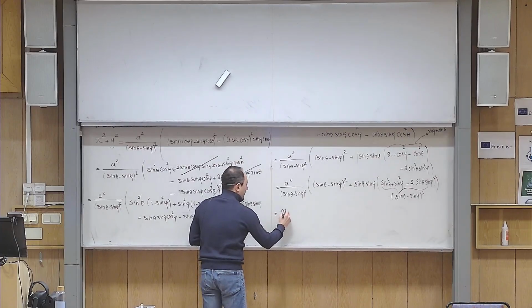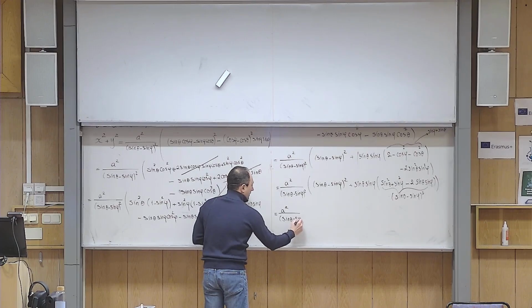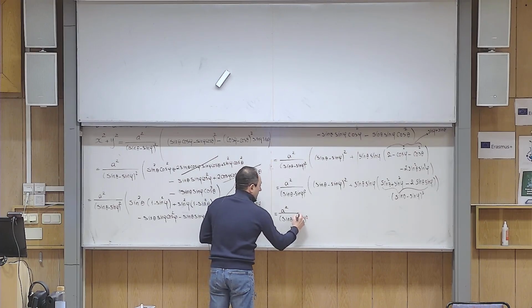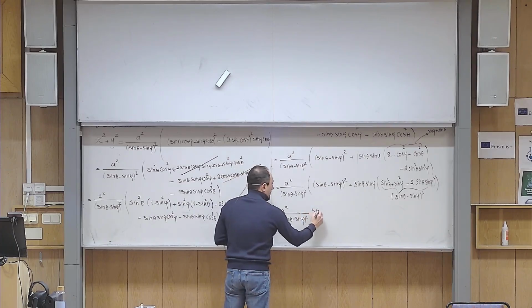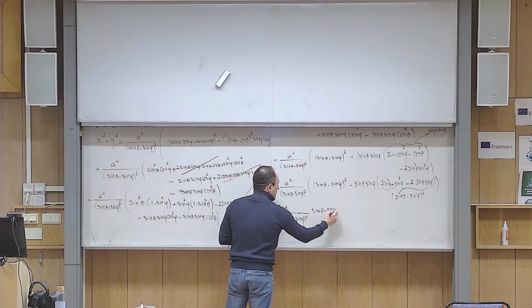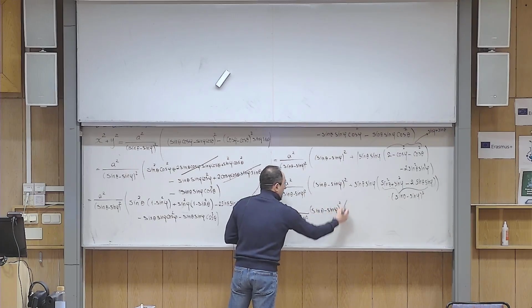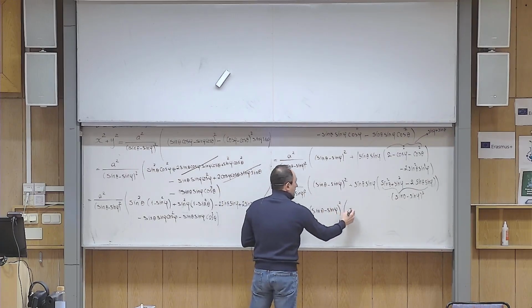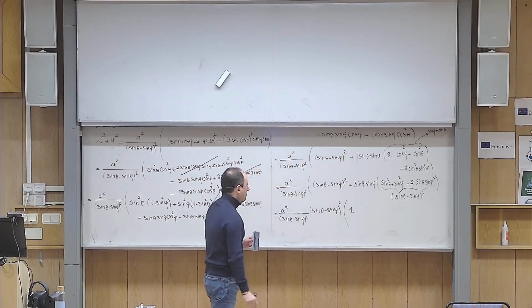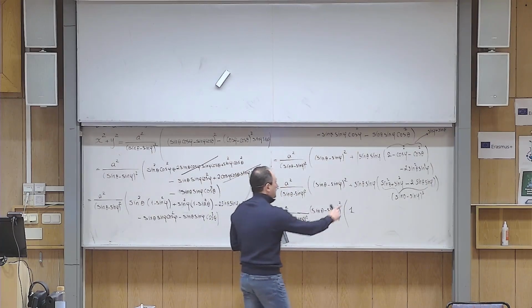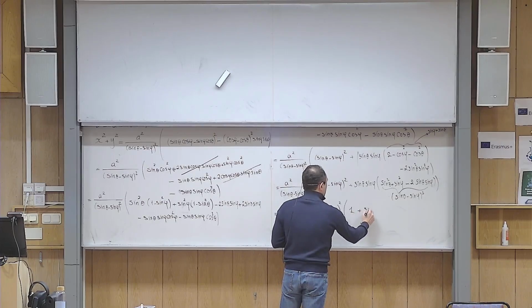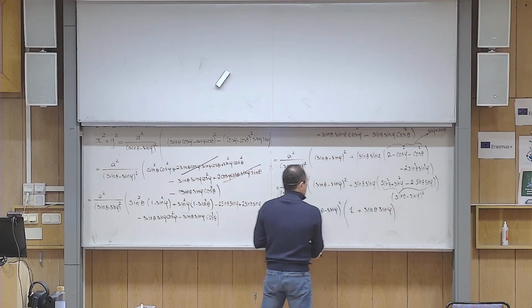Okay, so let me write everything patiently. So this becomes sine theta minus sine phi squared. I am pulling this sine theta minus sine phi squared out. From here, 1 is left, and from here, plus sine theta sine phi is left.